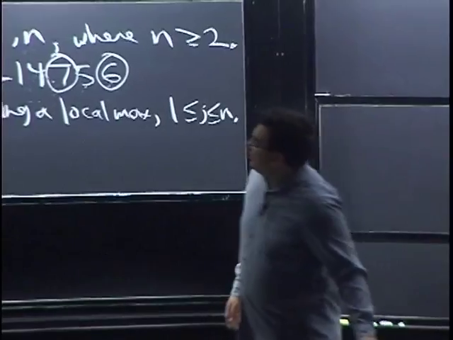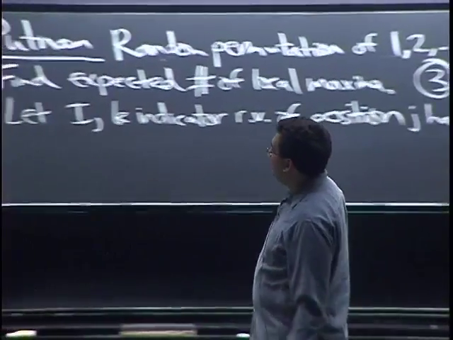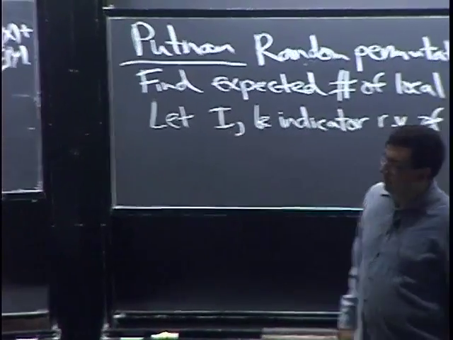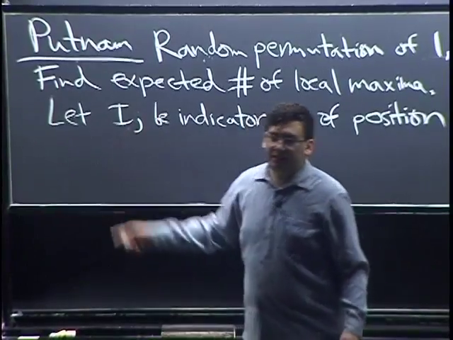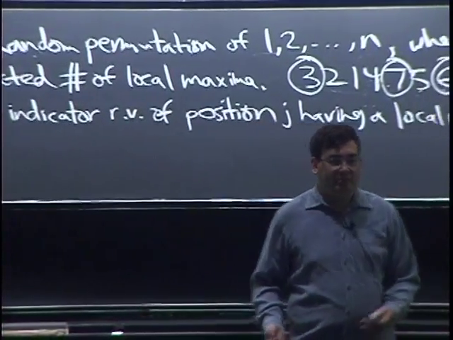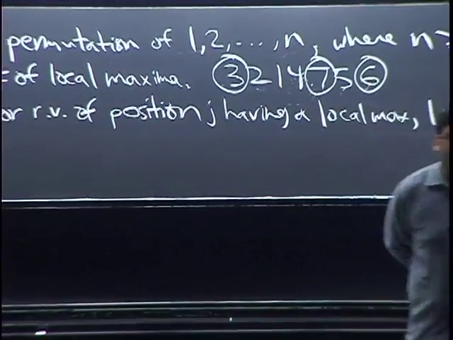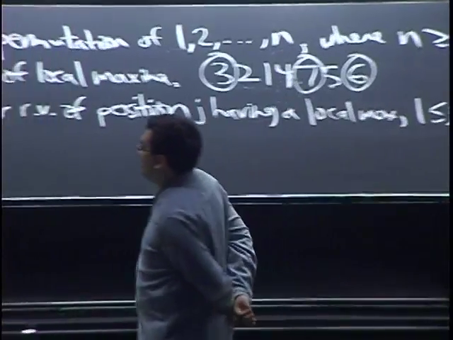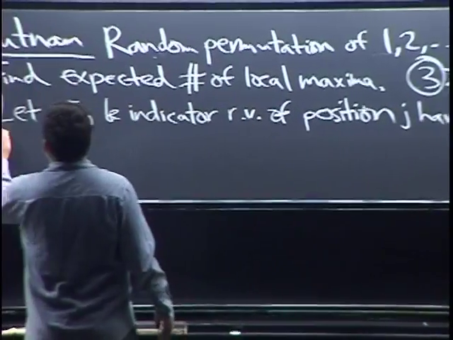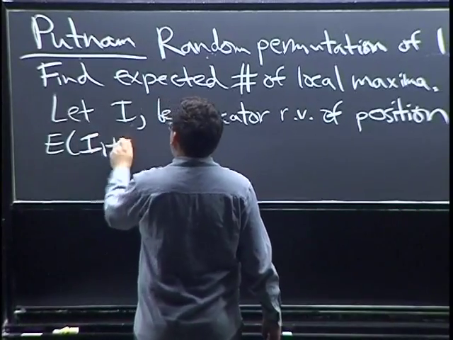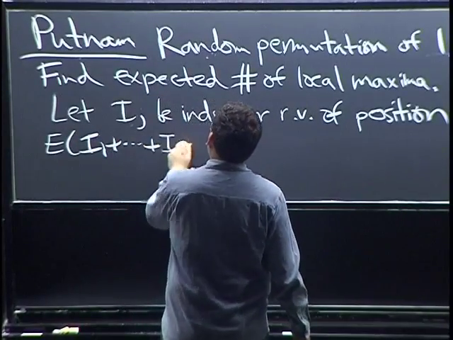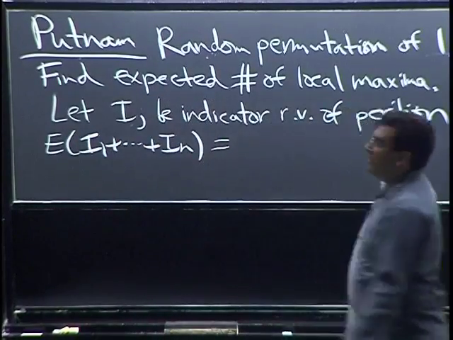Now, the sum of these I_j's is the number of local maxima. That's what we're trying to count. So what we're interested in is the expected value of I_1 plus and so on plus I_n.